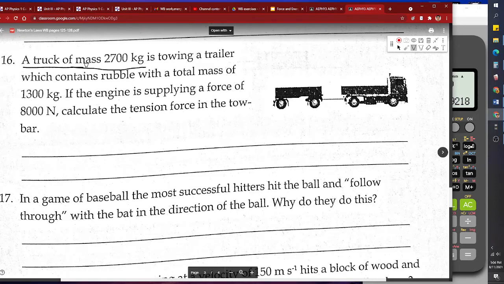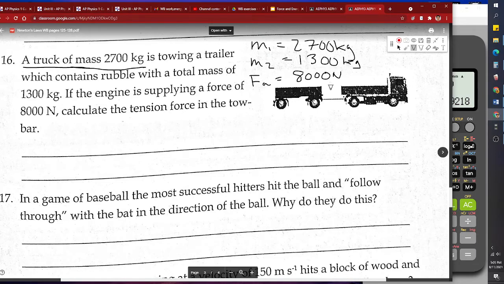Mass of the truck, we'll call that M1, is 2,700 kilograms. Towing a trailer that has a mass, so mass 2 is 1,300 kilograms. And then the applied force that we have is 8,000 newtons to the right.